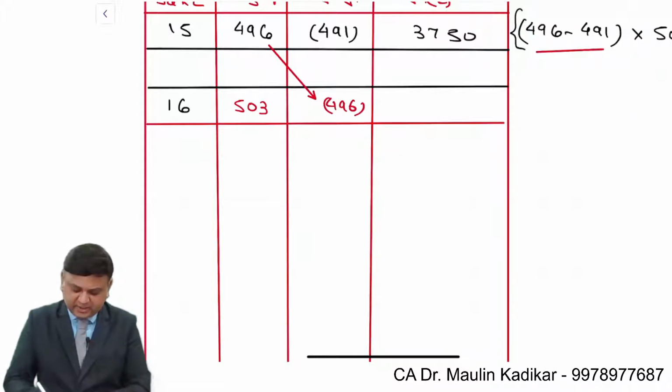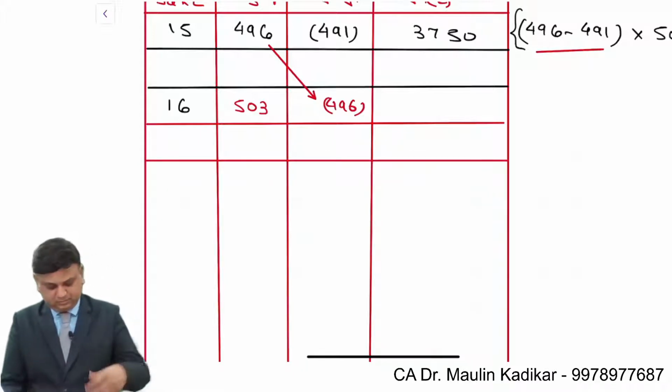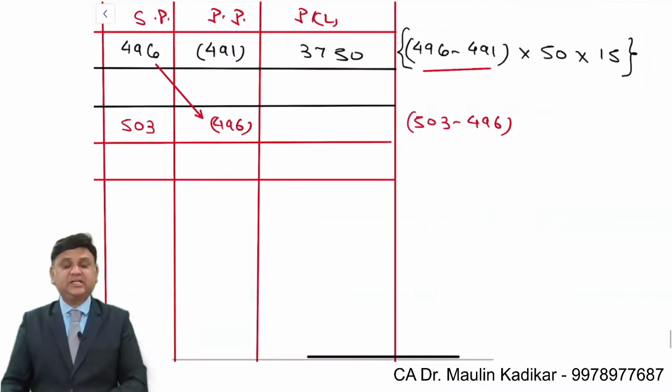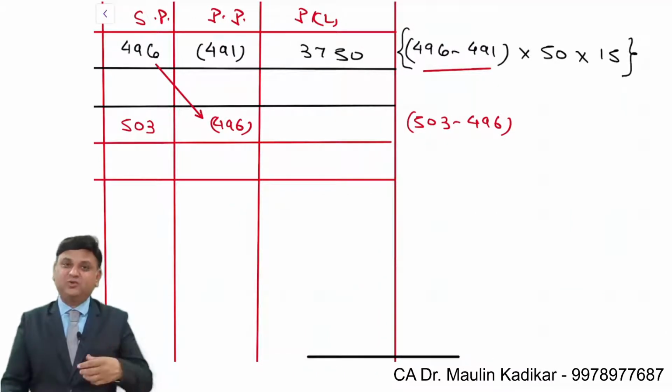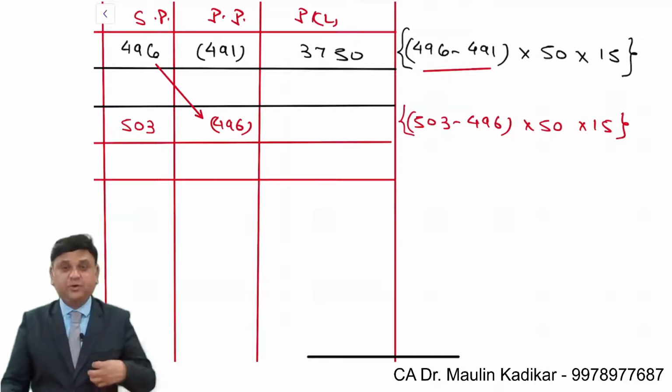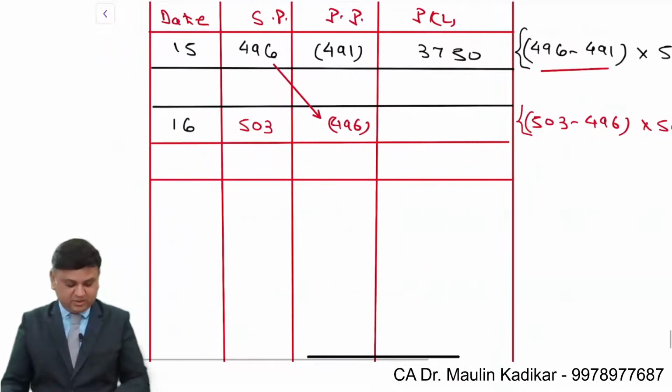Hence, the profit required to be credited to the account is 503 minus 496. So you can see that there is a profit of rupees 7 to be credited, into 50 into 15. That is the way the amount of profit to be credited will be calculated.